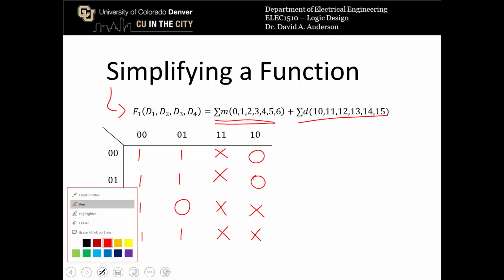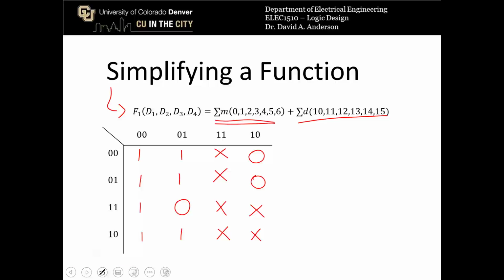So let's look at this bubble right here. That one cannot be expanded up or down because there's no room to expand. It can't be expanded to the right because there's a 0. And it can't be expanded to the left because of these two zeros right here.